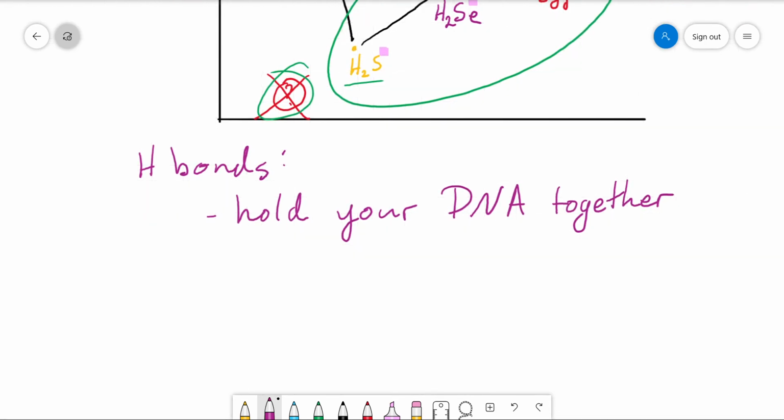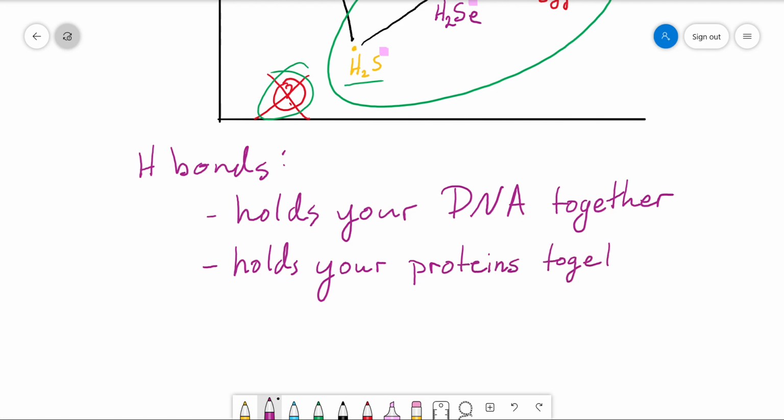What else? It holds your proteins together. Proteins have very specific three-dimensional structures. Without those structures, they do not function in your body correctly.